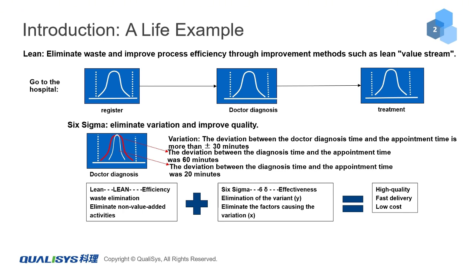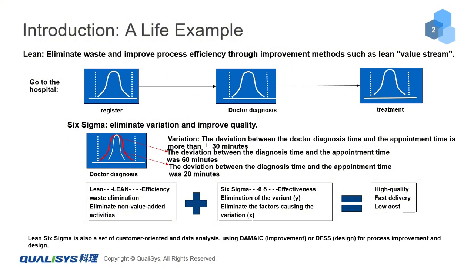The first methodology we use is lean, which means we use lean to reduce waste, to get rid of all the non-value-added steps. And the second tool we use is Six Sigma, to reduce the variation or to improve the quality of all those remaining steps.